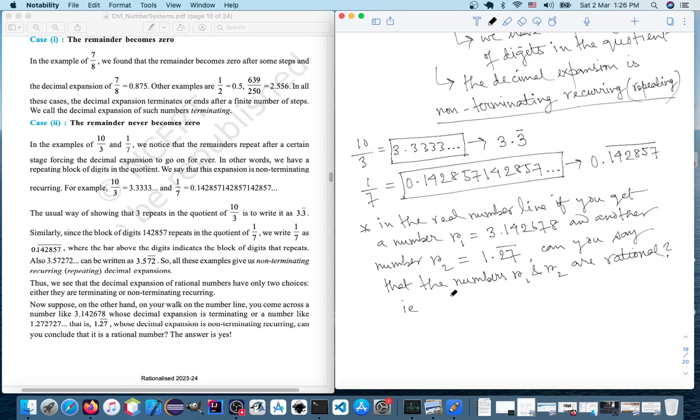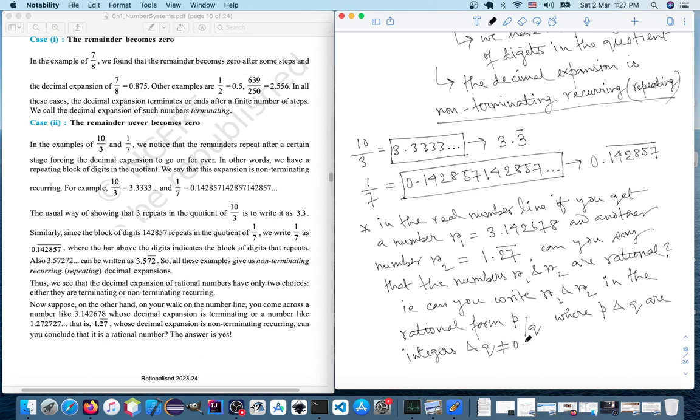That is, can you write R1 and R2 in the rational form P by Q, where P and Q are integers and Q not equal to 0?